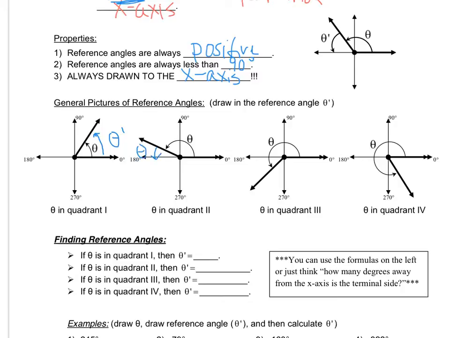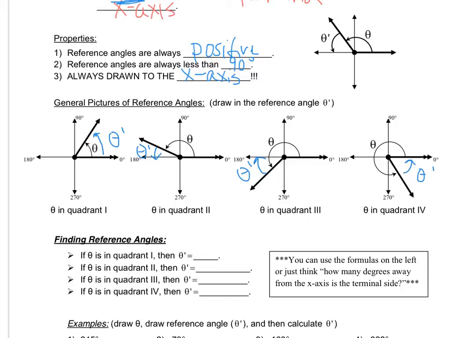So here is the reference angle. Okay. For quadrant 3, once again, we draw it with respect to the x-axis. And quadrant 4, there would be the reference angle. Okay. Notice that all of these angles are going to be less than 90 degrees. Okay, and we make sure that they are positive.